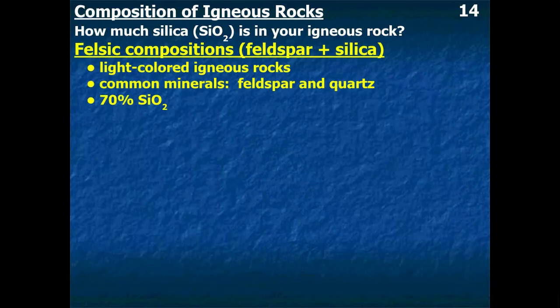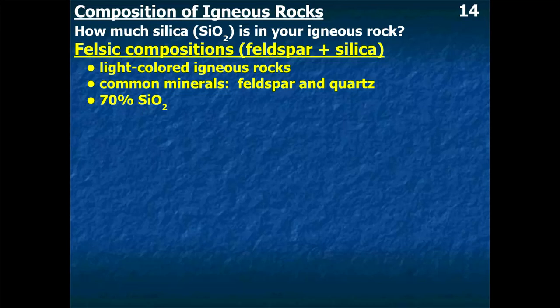So for example, if we have an igneous rock with a composition that has 70% or more SiO2, or silica, in the rock, typically that's going to produce an igneous rock that is very light colored. A light colored igneous rock, 70% or more silica.